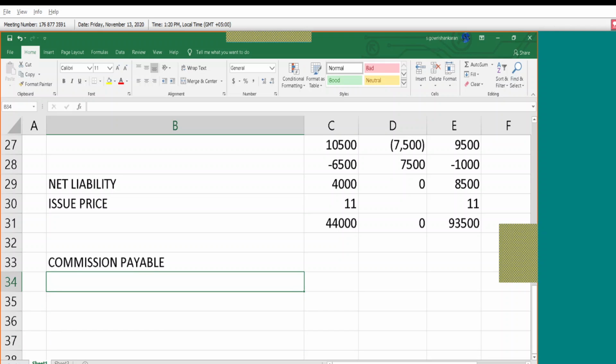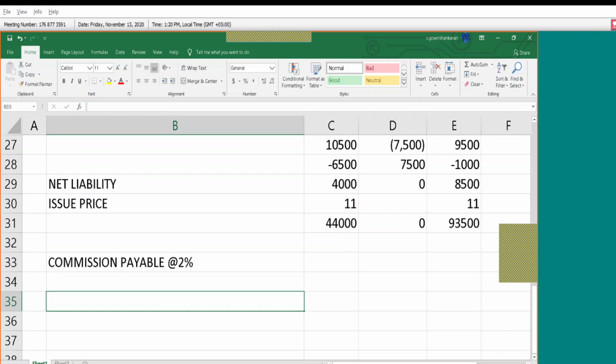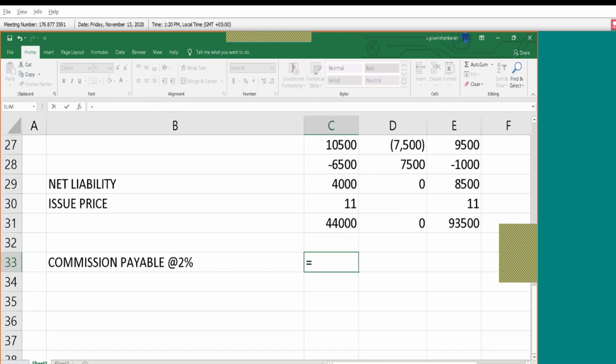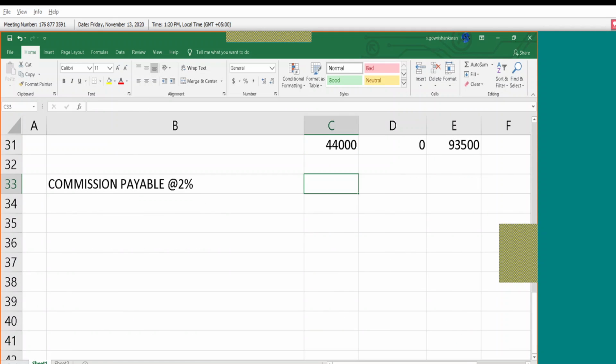Commission is 2%, right? Commission payable at 2%. How to calculate that? What is this gross liability? 5,85,000. So 5,85,000 into 11 into 2%. Correct?